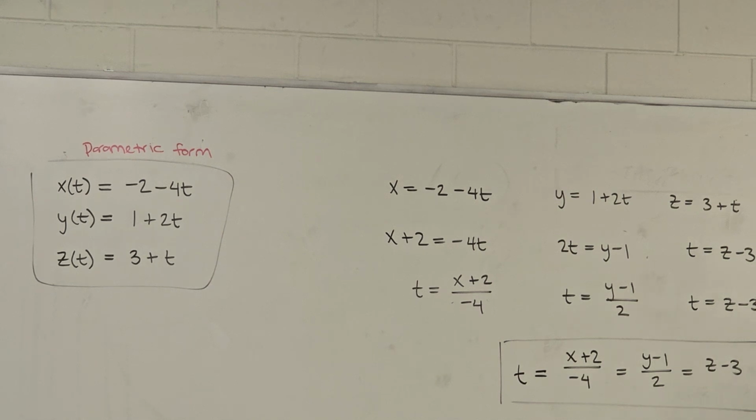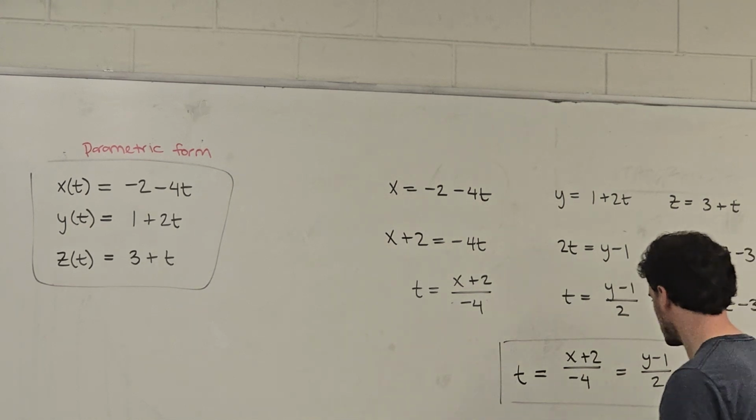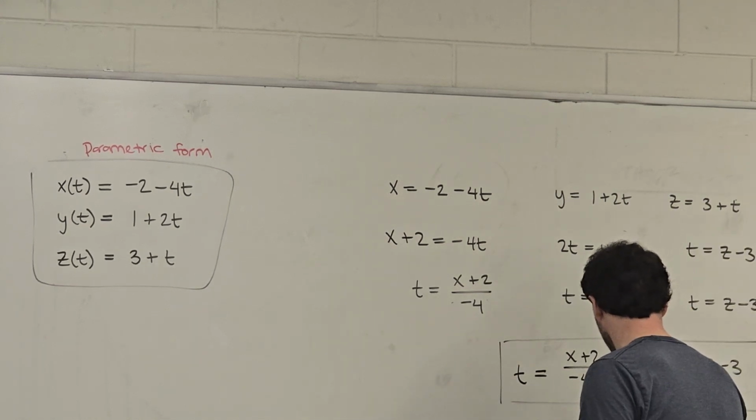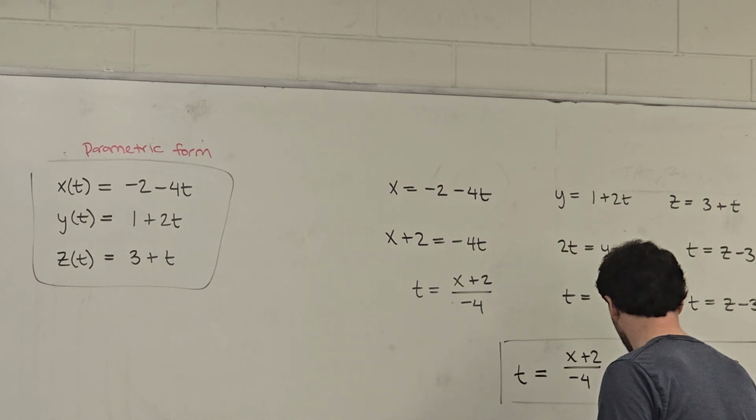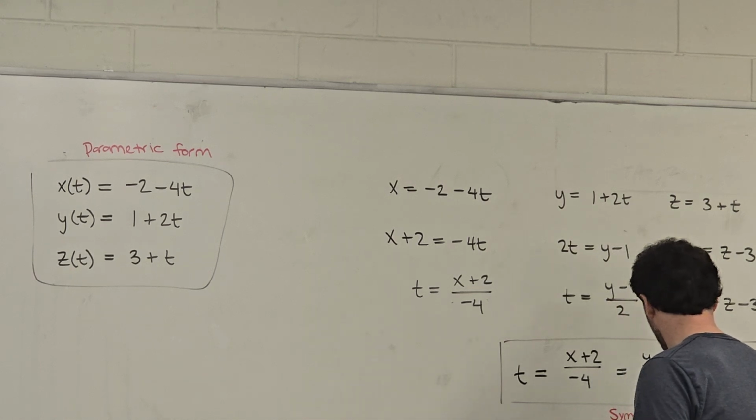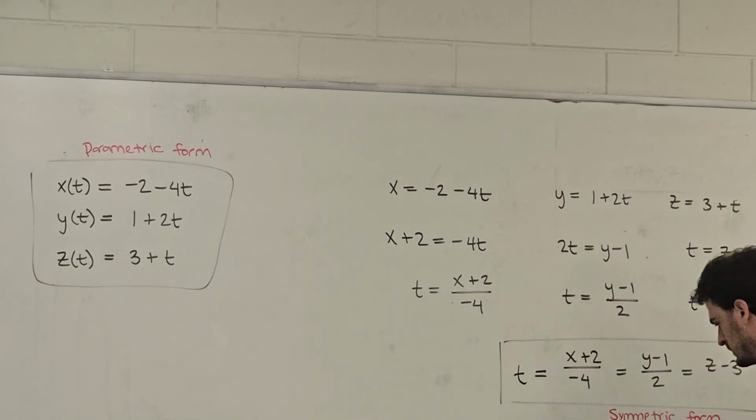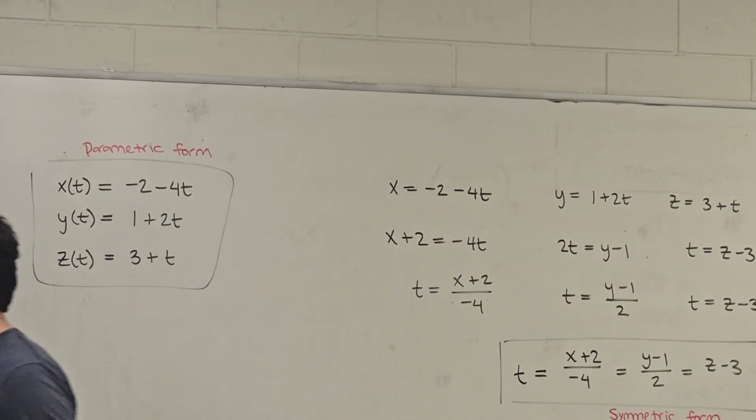Since this is all t equals, you can say t equals x, y, and z. So again, we've got three different ways that we can write the equations of our lines.